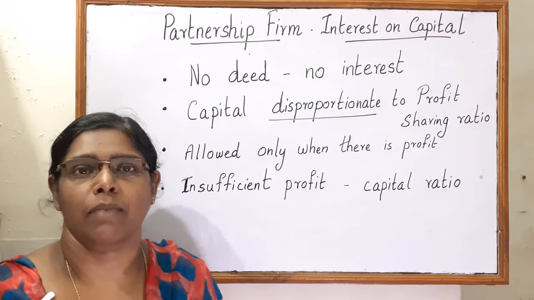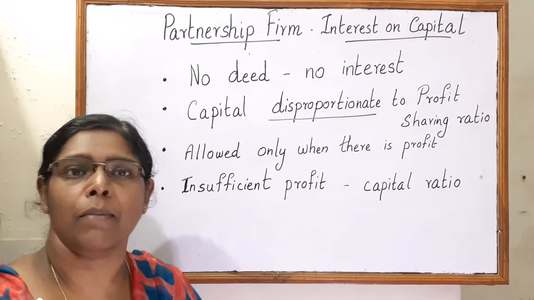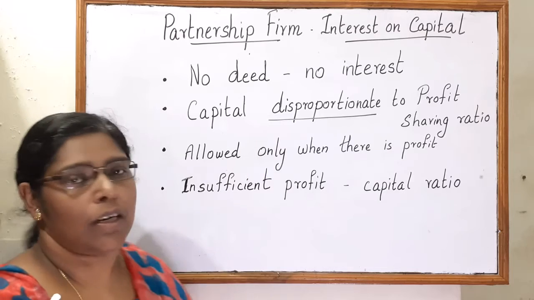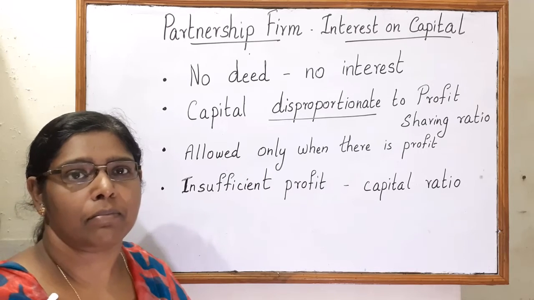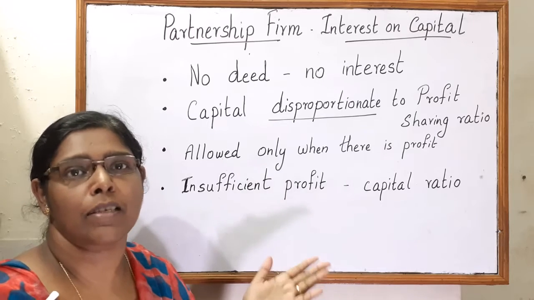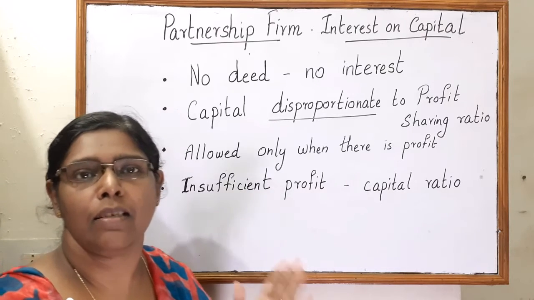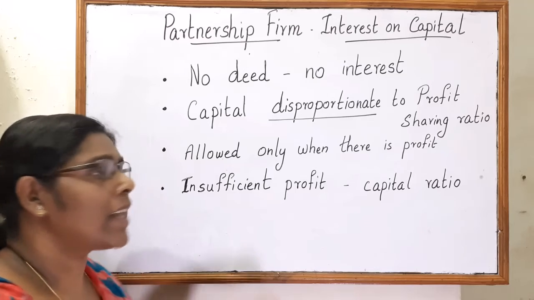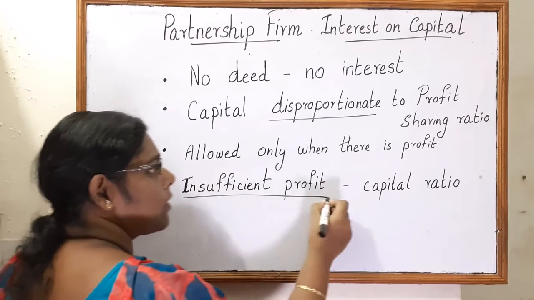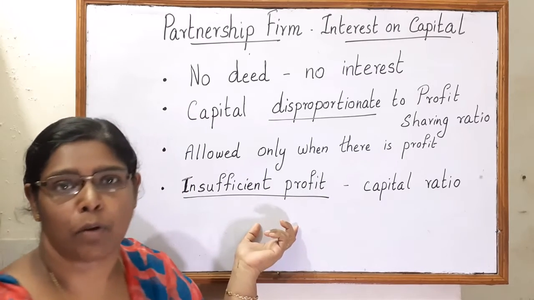The next point is very important. Only when the firm is getting a profit, interest on capital is allowed. So if it incurs loss, obviously they won't get any interest on capital. So there is one more condition: insufficient profit. What do we mean by insufficient profit?